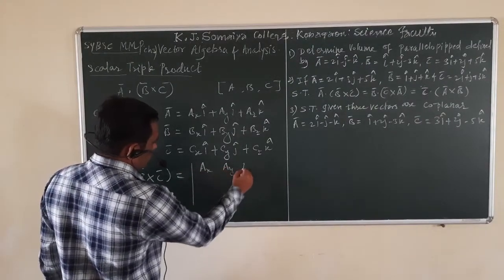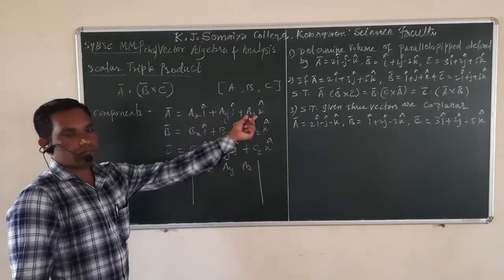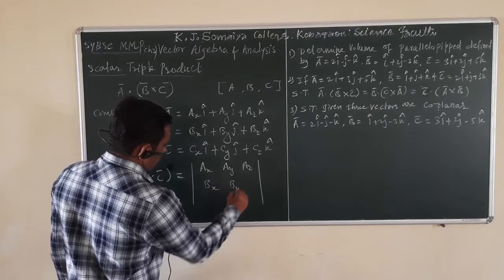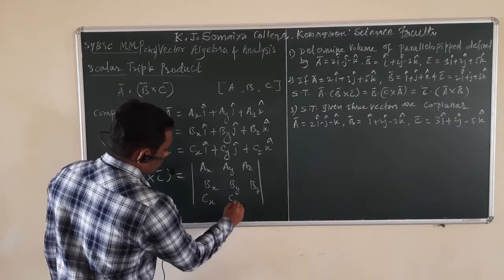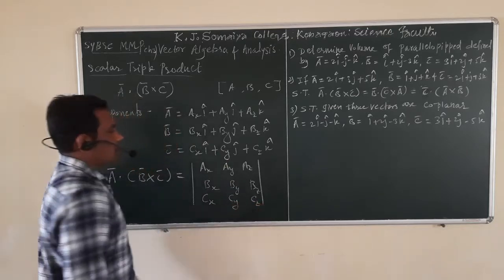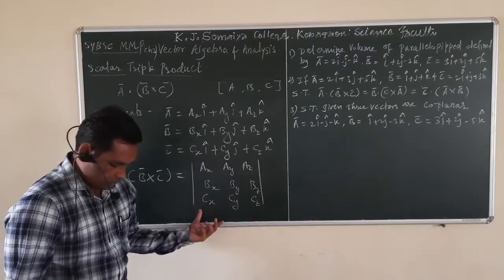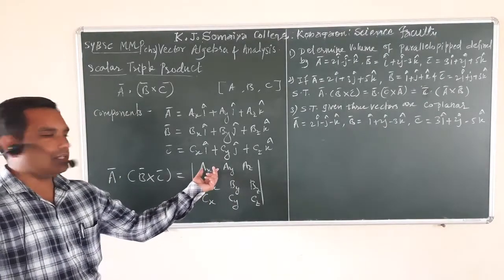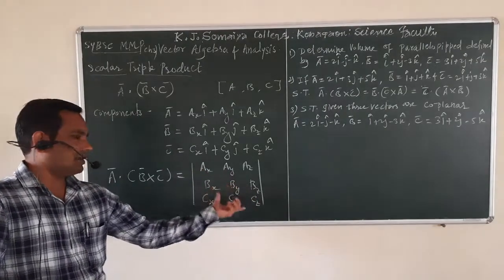First row is formed by components of first vector. Second row is formed by components of second vector, and third row is formed by components of third vector. So if you solve this determinant, okay, you know how to solve this determinant: ax cross multiplication of this minus ay and so on.